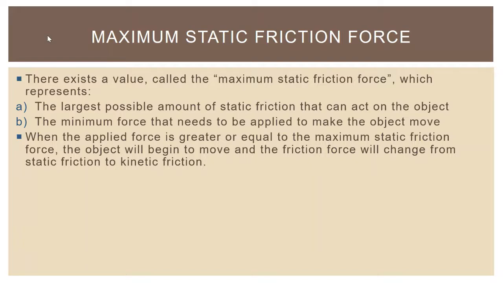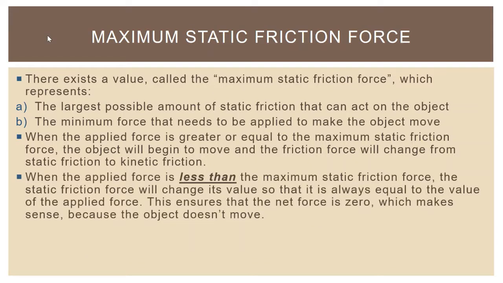What we can also say here is that when the applied force is less than the maximum static friction force, the static friction force will change its value so that it's always equal to the value of the applied force. This ensures that the net force is 0, which really makes sense because the object doesn't move.